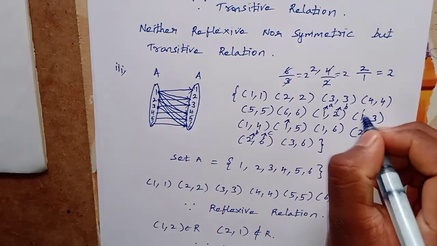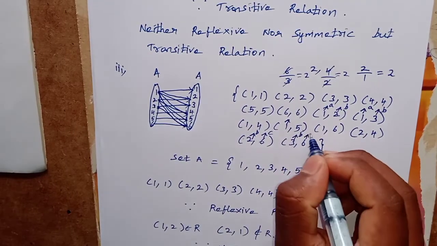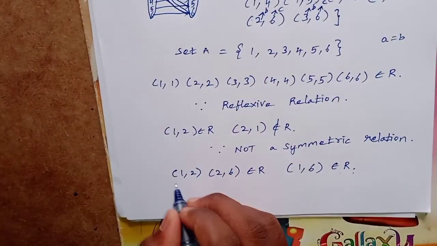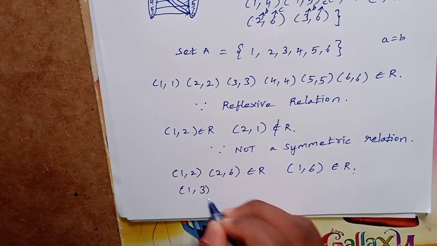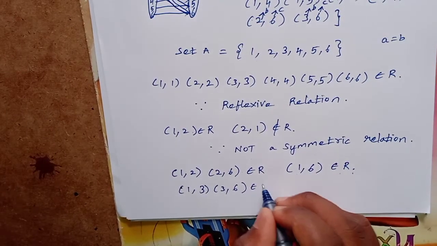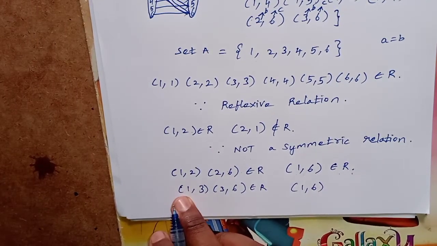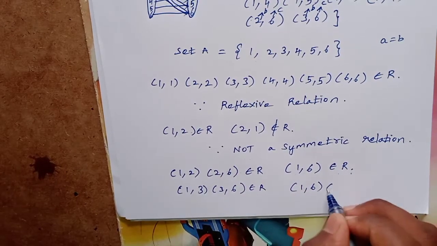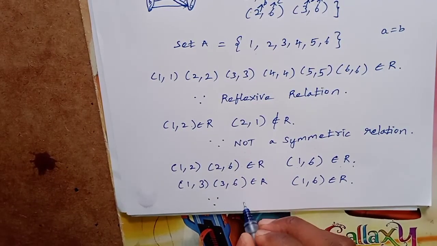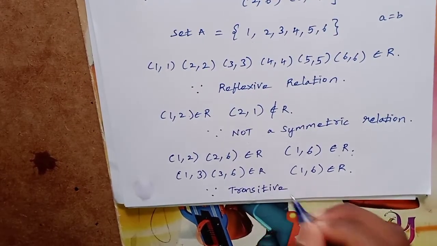Here it is A, here B, here B, here C. Therefore A comma B is 1 comma 3, 3 comma 6 belongs to R. Therefore 1 comma 6, meaning A comma C, belongs to R. Okay. Therefore it is a transitive relation.